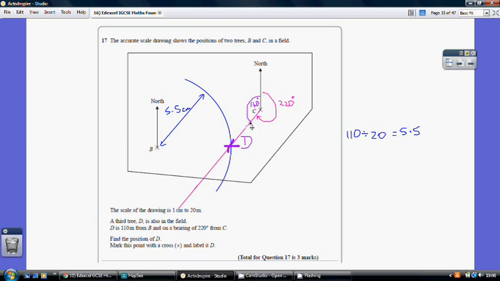I think if you've just got one of the normal sort of moon-shaped protractors, you're better off just working out this angle here, so you're coming the other way, which of course is just going to be 140 degrees because the angles about a point add up to 360. So just get your protractor out, just do a little mark down here representing 220 degrees, and with a ruler draw in the straight line. So we know the tree is both on this pink line here but also on this blue arc here. So here X marks the spot where D is.